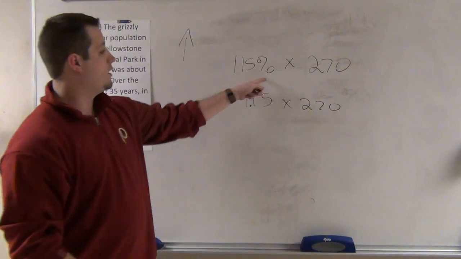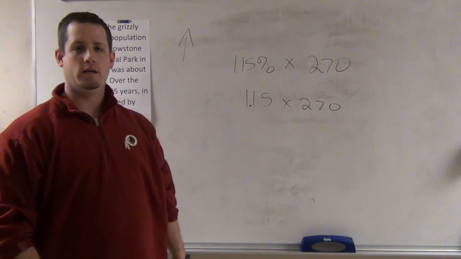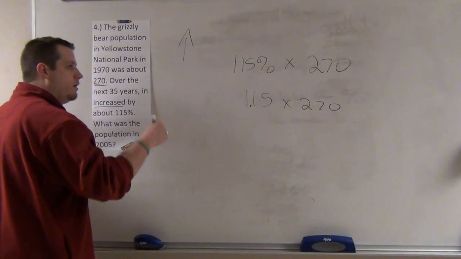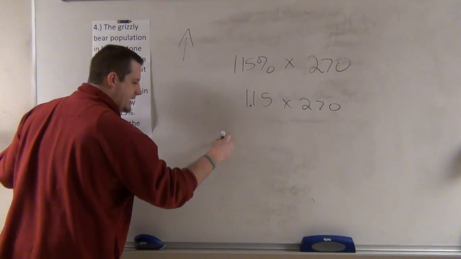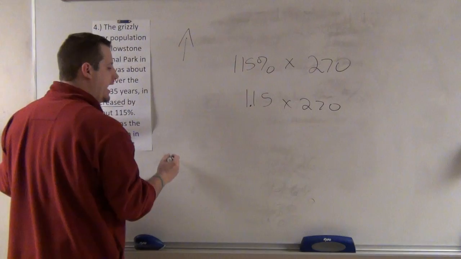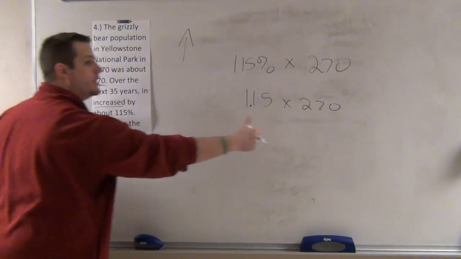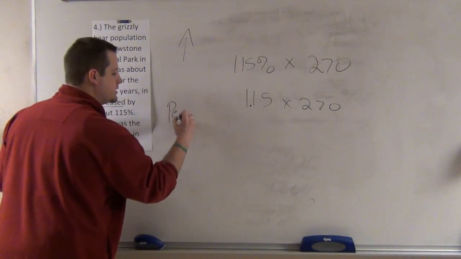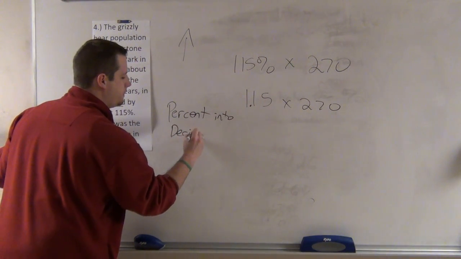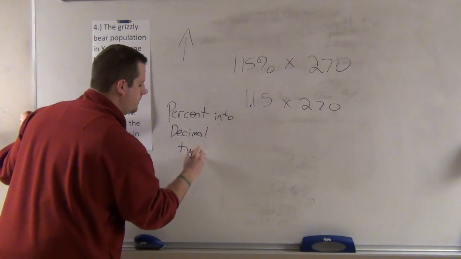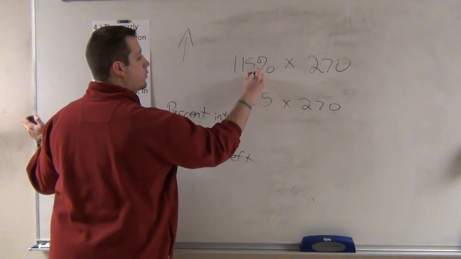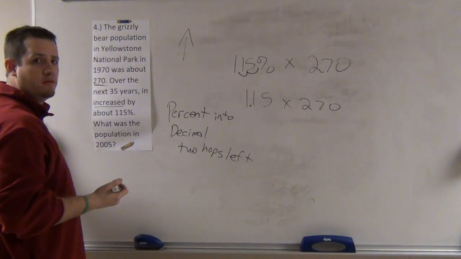So how in the world did I go from 115% to 1.15? Well, if I want to make a percent into a decimal, then I hop 2 times to the left. Percent into decimal, 2 hops left. 1, 2. Bam. There's my decimal.